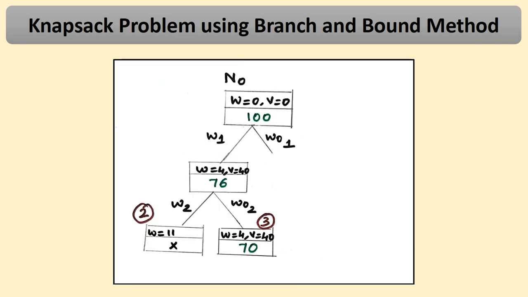When you observe the node construction, for without weight, you should not add the previous weight. Only for with weight you have to add the previous weight. So if you see node 3, how does it look? W equal to 4, that is without weight, right? So only the present weight you are taking, and the value is 40. For that, what is the upper bound value? That is 70. So I have updated it in the graph.